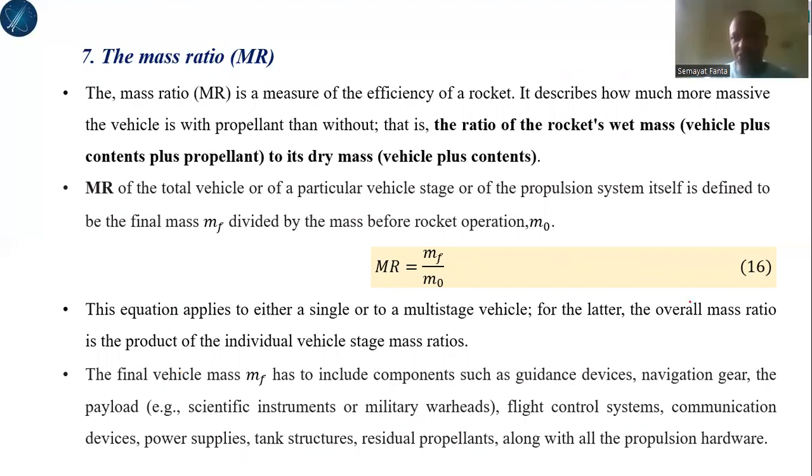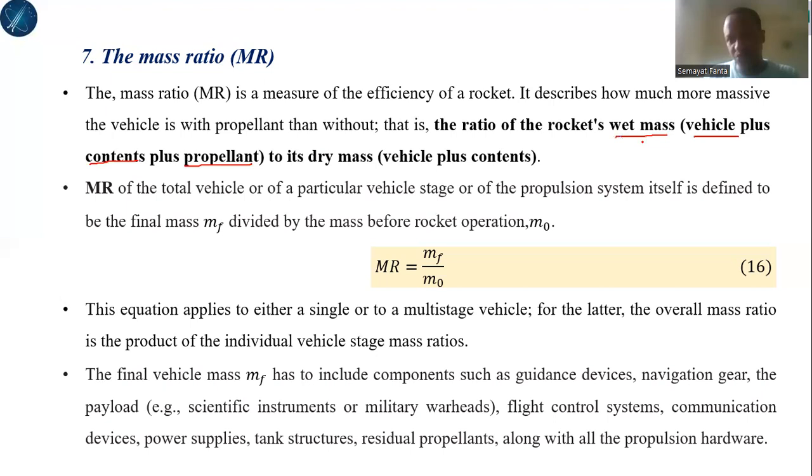Look at three things here. The vehicle is the rocket itself. Contents are the structural mass, the payloads, the communication systems, and navigation systems. Then propellant also. So that is called wet mass.